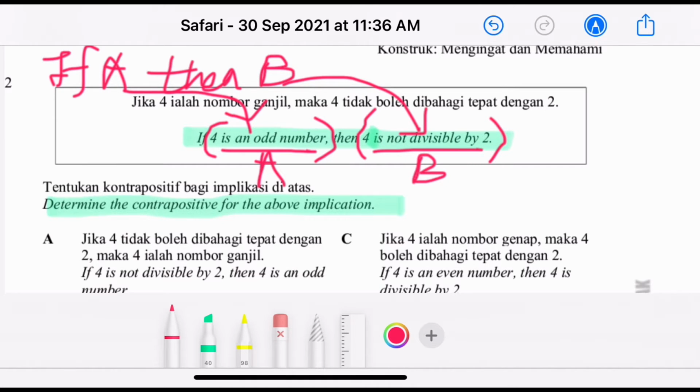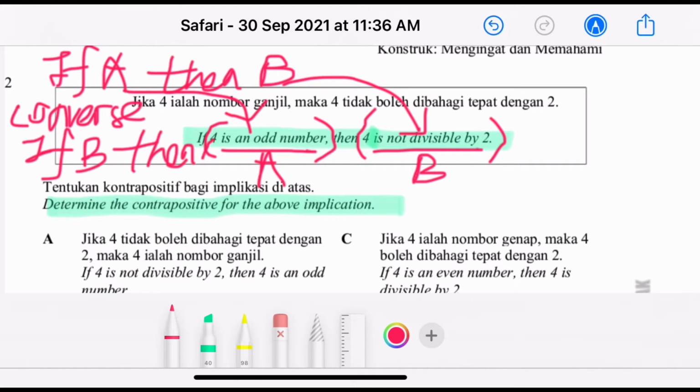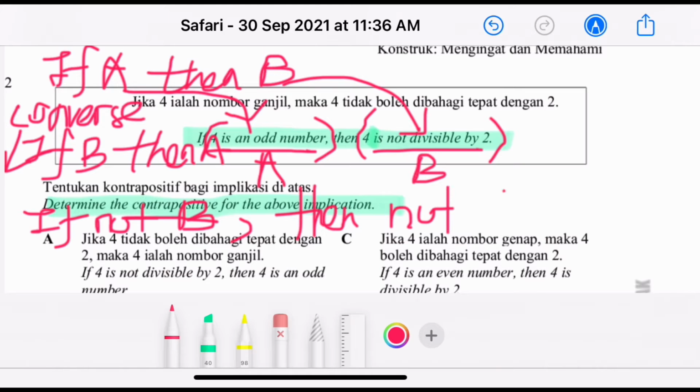If A then B, if we do the converse, it will be if B then A. If we negate the converse, it will be the contrapositive. So it becomes if not B, then not A. We have to negate the statements.